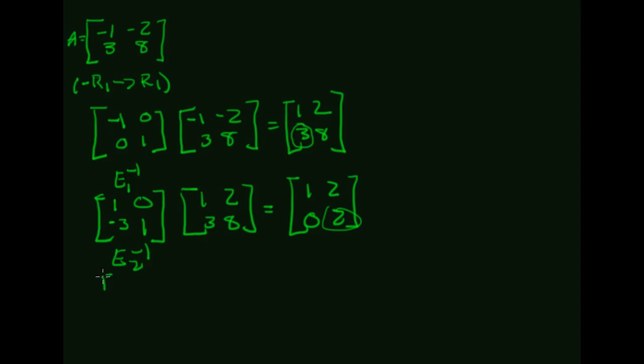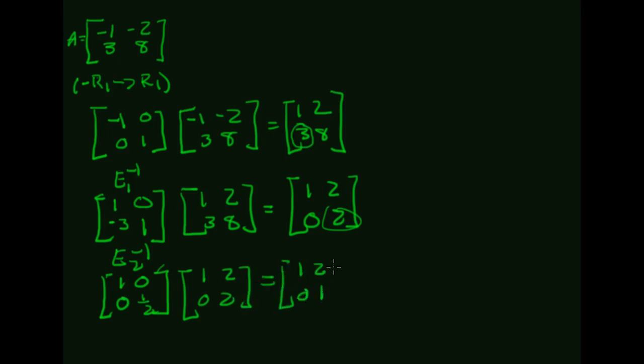So we're going to leave the top row alone, and multiply the bottom row by 1/2. And if I do that, times 1, 2, 0, 2, I should come out with 1, 2, 0, 1. So this guy is now E3 inverse.